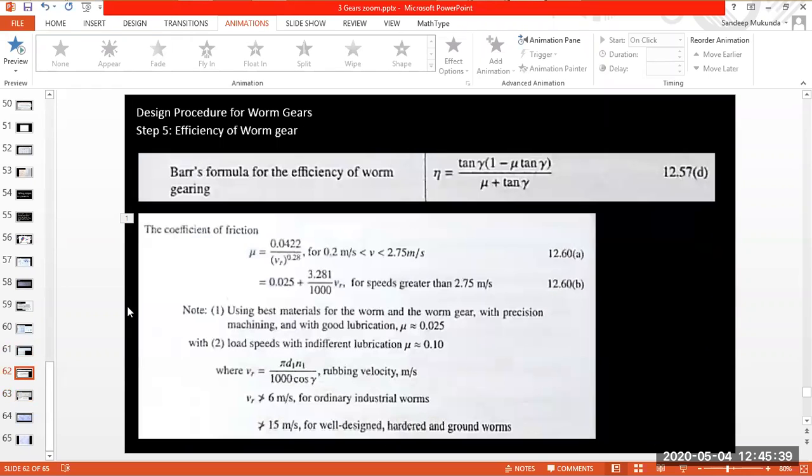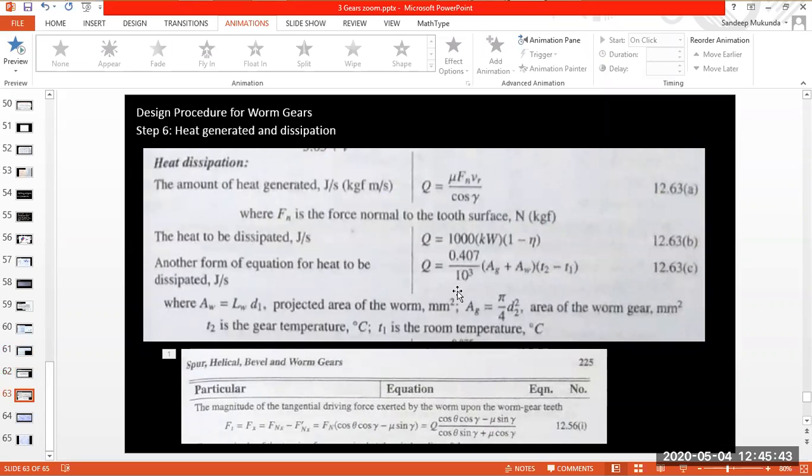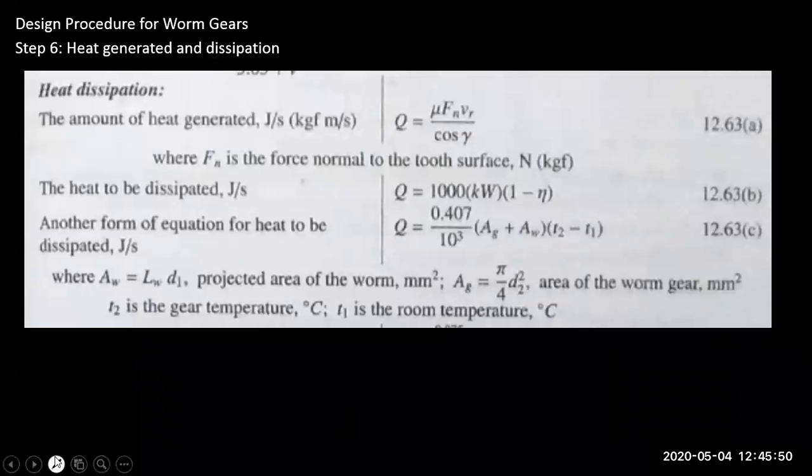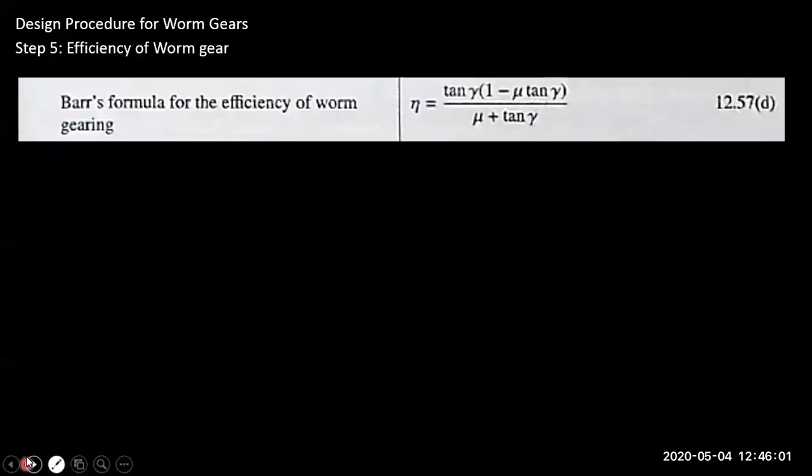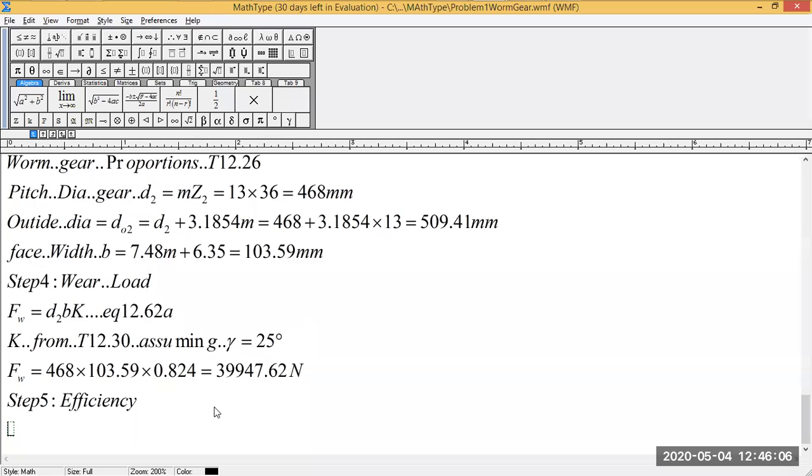But before that, we need to find the efficiency, because those values are required here. So the new value, the efficiency, we need to find before we proceed. Let's type this in the program here.